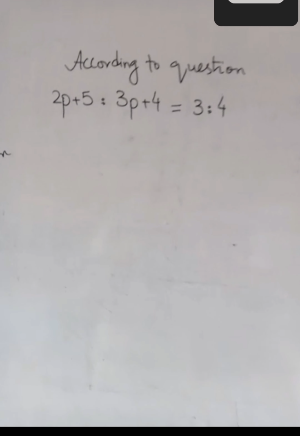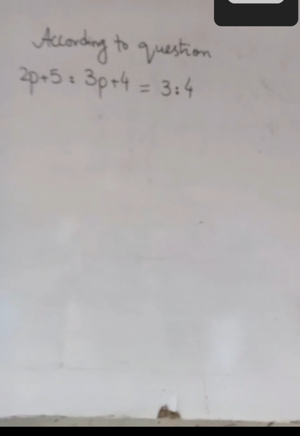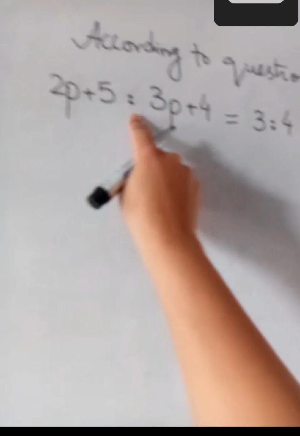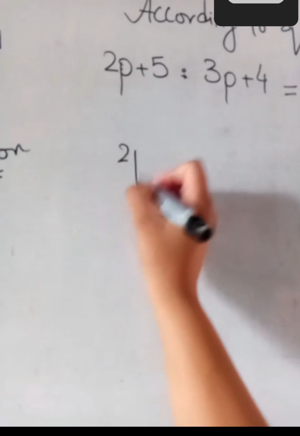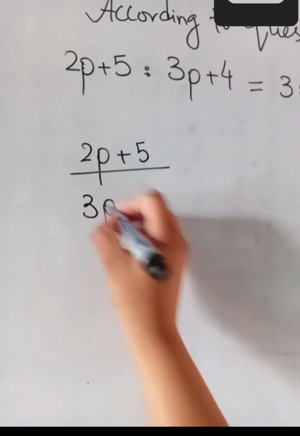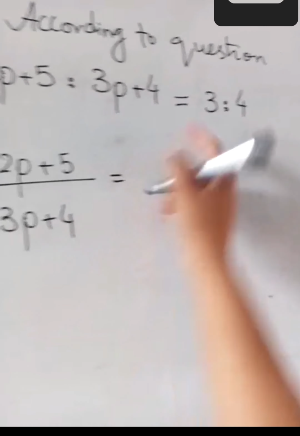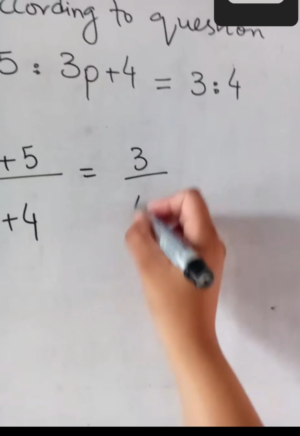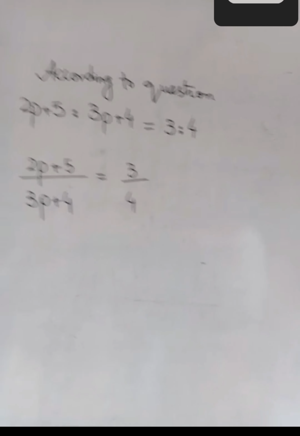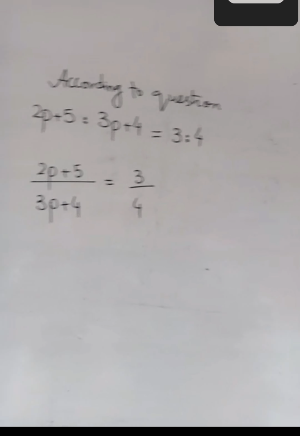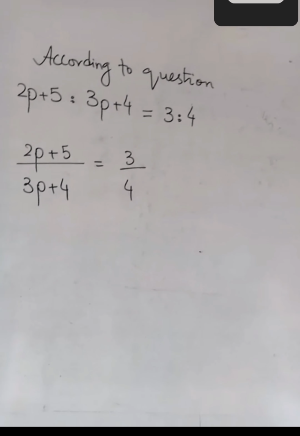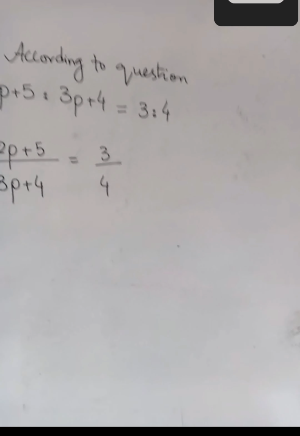2p plus 5 ratio 3p plus 4 is equal to 3 ratio 4 according to the question. Ratio can be written as a fraction: 2p plus 5 divided by 3p plus 4 is equal to 3 ratio 4, that means 3 by 4. This is so easy to solve. Fractions are involved. Now it's up to you whether you use cross multiplication or the removal of denominator to get the value of p.